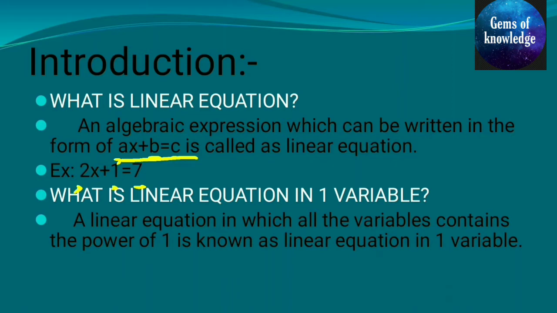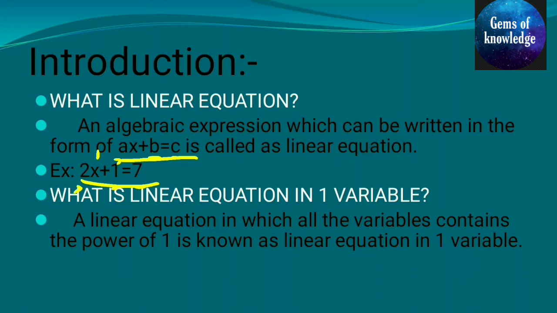In the above example 2x plus 1 is equal to 7, x contains power 1. x is the only variable in that expression, and it has only the power 1. It is not having any square, any cube or x raised to 4.